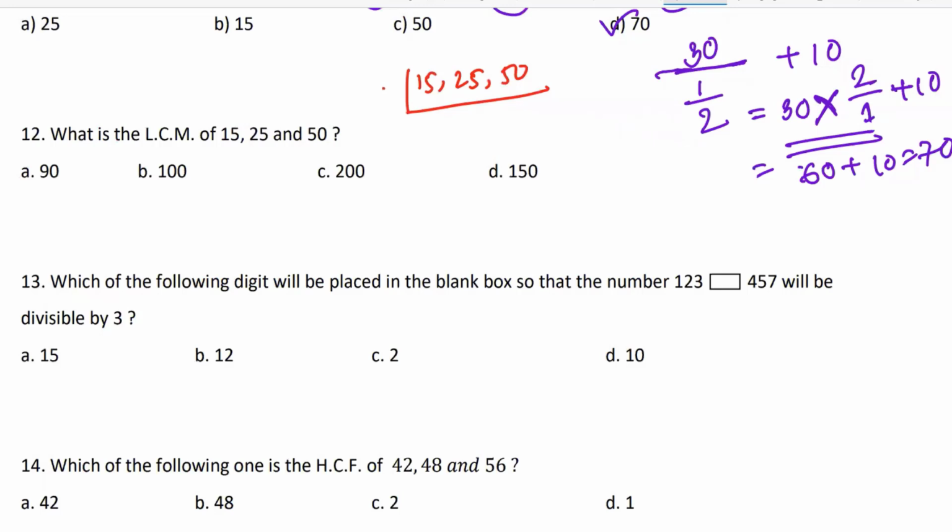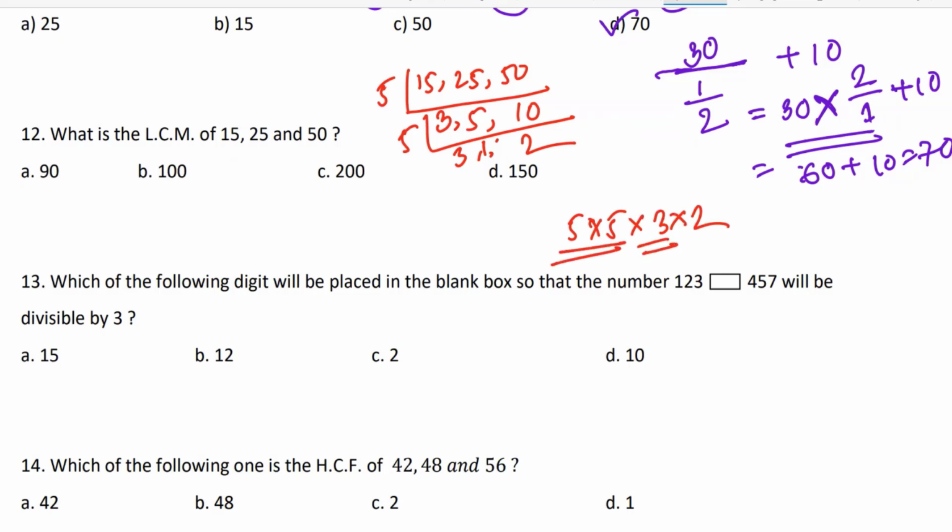Here 5, 5, 3, 5, 5, 5, 10. Now again 5, 3, 1, then 2. So now 5 multiply 5 multiply 3 multiply 2. 5 fives are 25, 75, 75 times 2 is 150. Yes, the answer is 150.